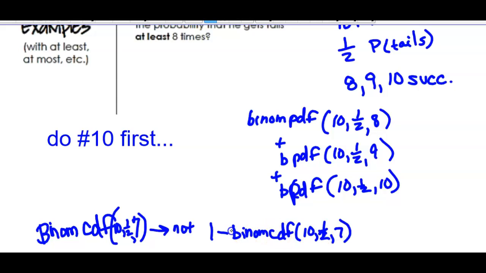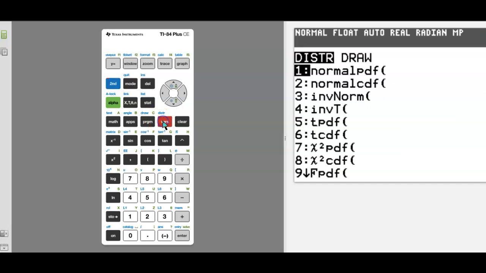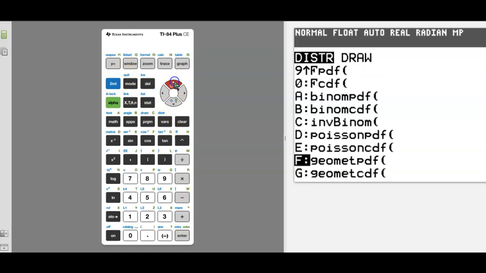Okay, so what's the chance that it doesn't happen 7 times? All right. So if I'm doing it as a combined probability, sorry, it's binomial, not normal.